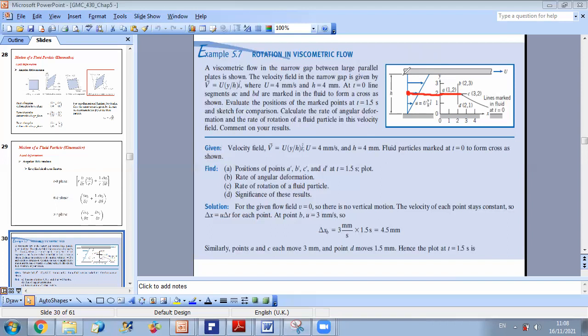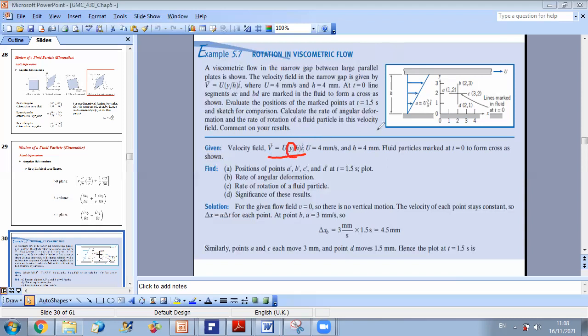So if you want to know the displacement of a particle, all you have to do is compute its velocity, and this velocity is not changing with x, so it is constant. Then for a certain time, you can say that the displacement delta x is the velocity at this location times delta t. Now, how to get the velocity at a certain location? We just have to use the y of the particle. So we have to do U times y over h.